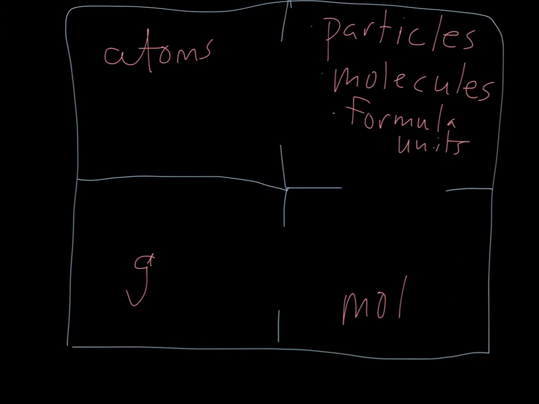We just introduced moles today. We've only recently been talking about the particles, molecules and formula units, and we only introduced ourselves to atoms a couple weeks ago. But if I take a chunk of time, 3 days, you can convert days into hours, right?